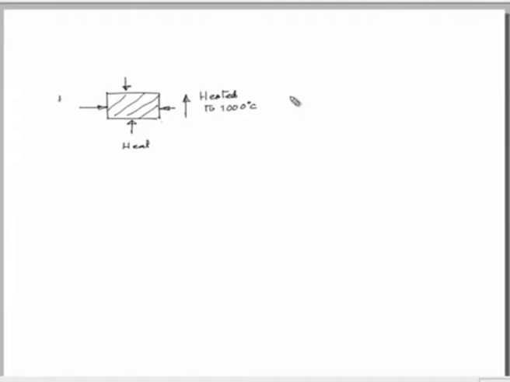This can be from all the sides or can be from only one side depending on the condition of the object. So, this is the object to be heated. Say for example, a very common example is we heat the material for heat treatment.